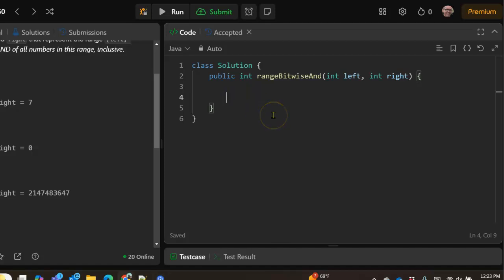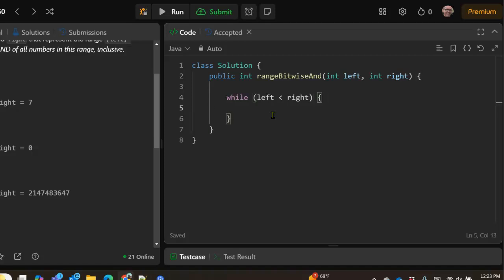Okay, so as I said, we're going to loop through this process as long as left is less than right, meaning that we're still working with numbers that are in this range, the range from left to right.